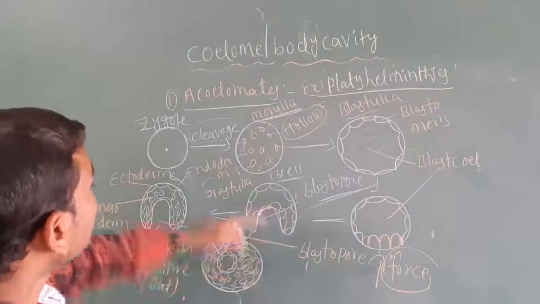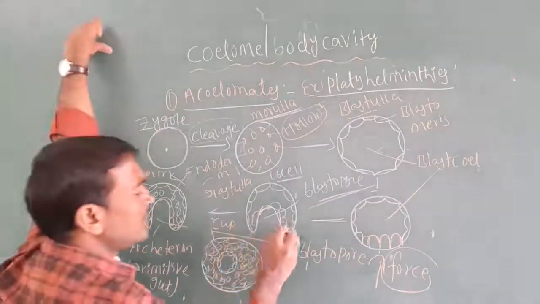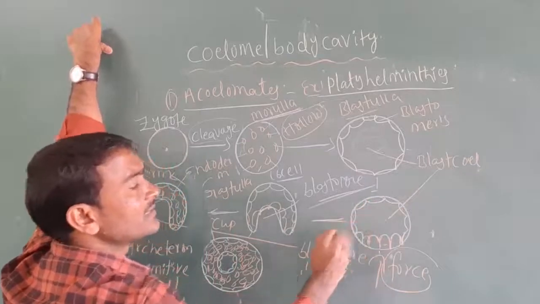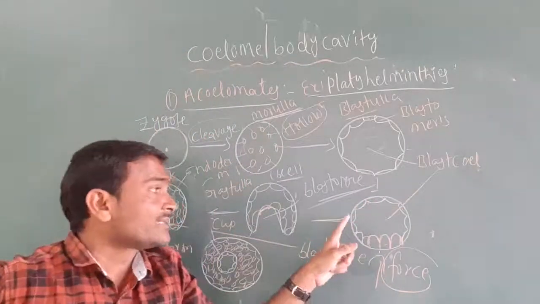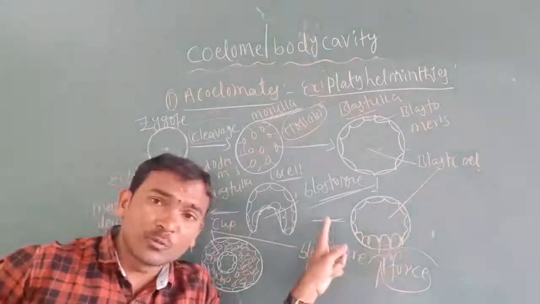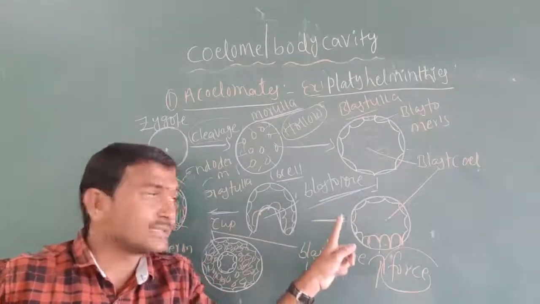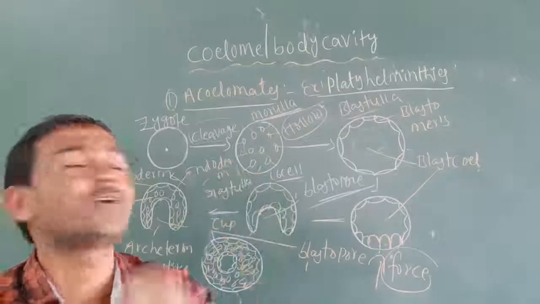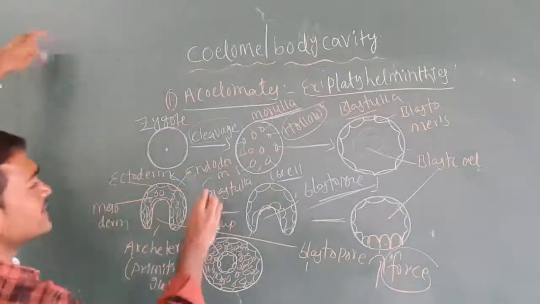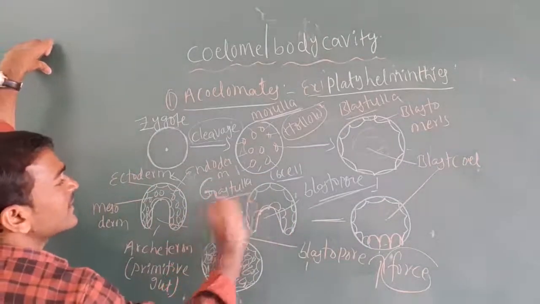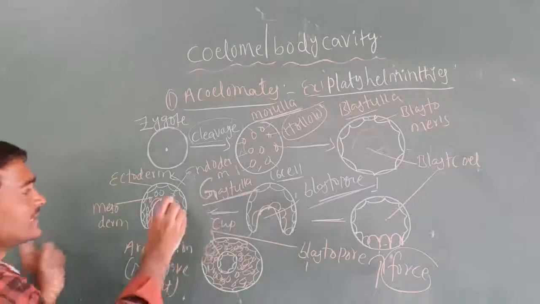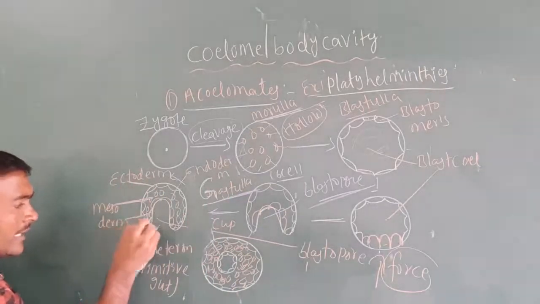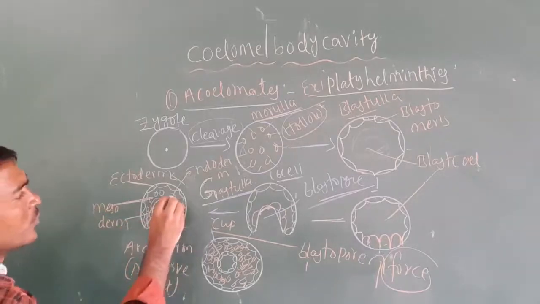The next, see here, in the blastula stage only a single layer of cells is there. In this stage, the single layer becomes three layers. In that stage, which is called the gastrula stage, the gastrula has three layers: one is ectoderm, the mesoderm, and another one is endoderm.